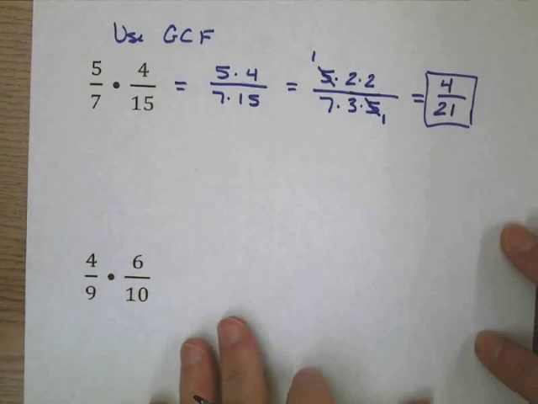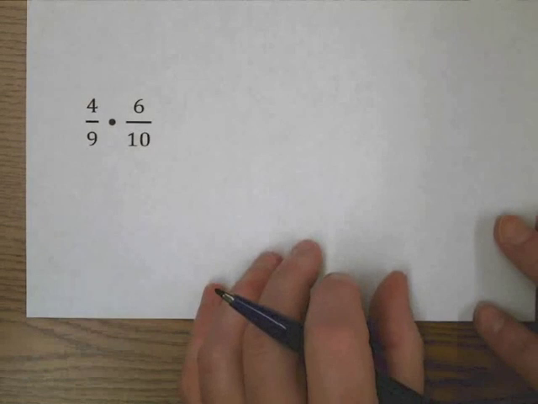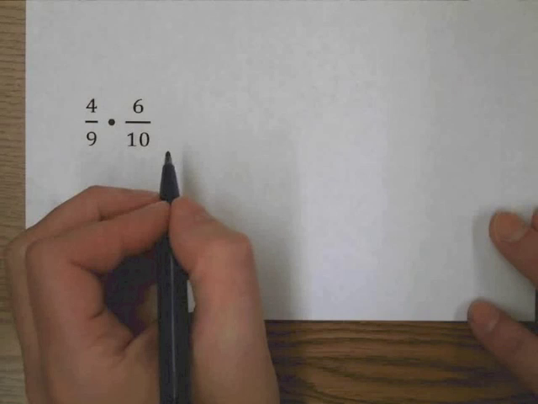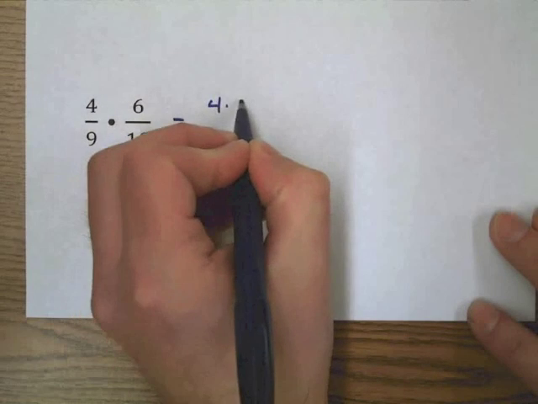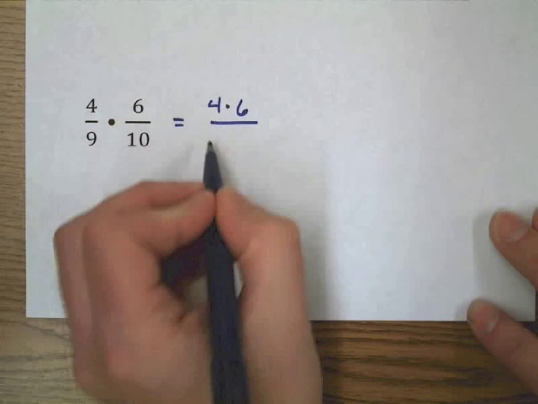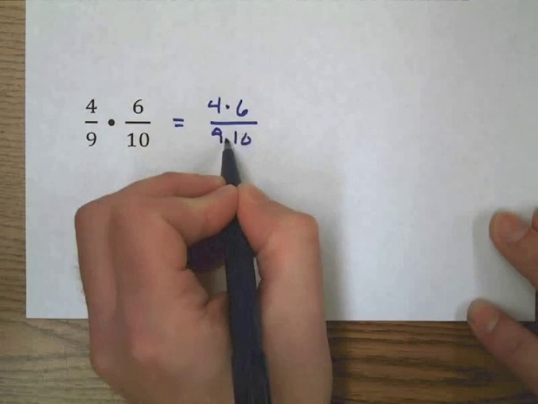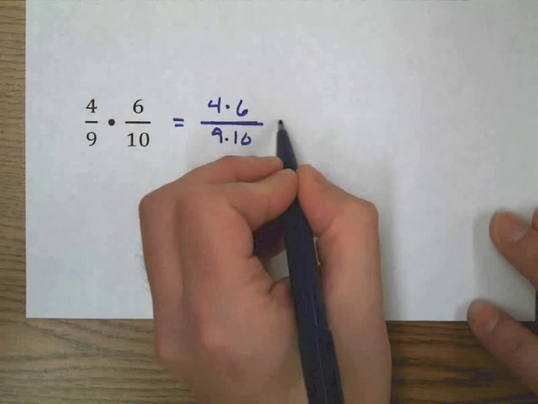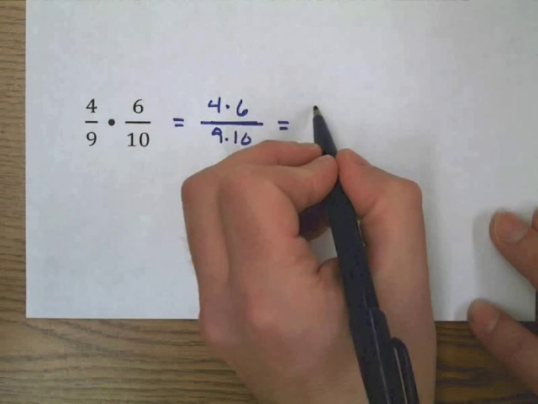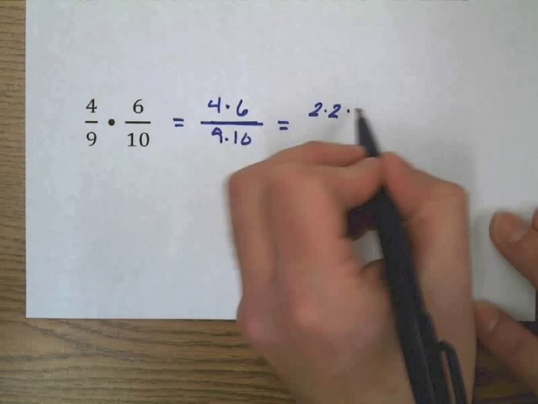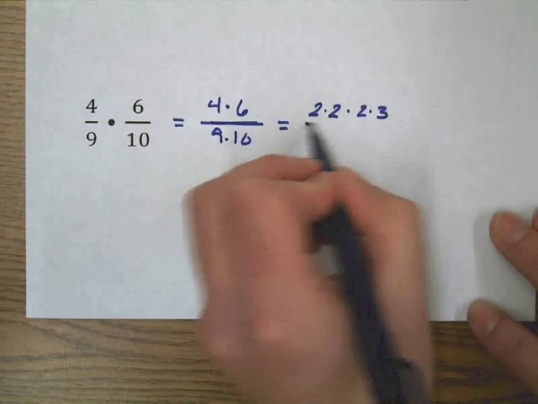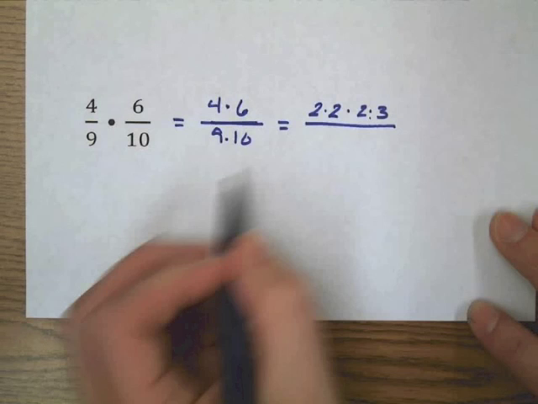Let's take a look at that again. 4/9 times 6/10. I can look at that and I can think that I have 4 times 6 on my numerators, and I have 9 times 10. And I'm going to think of those as factors for a moment. So 2 times 2, that's my 4, times 2 times 3, that's my 6.